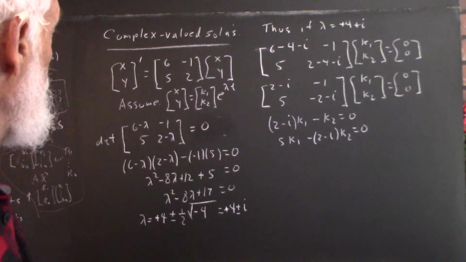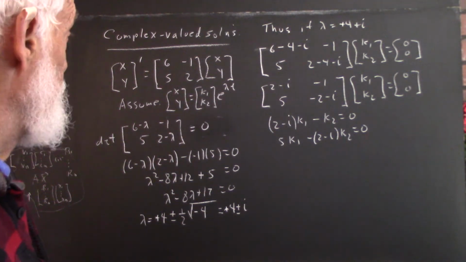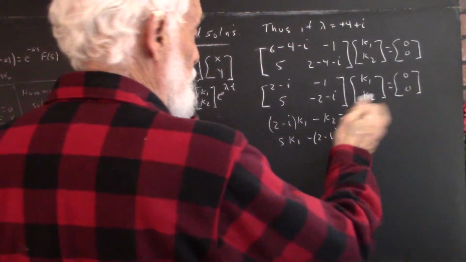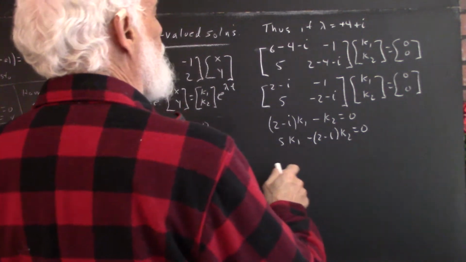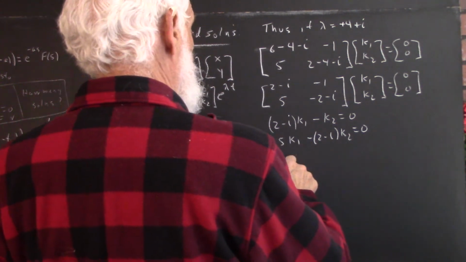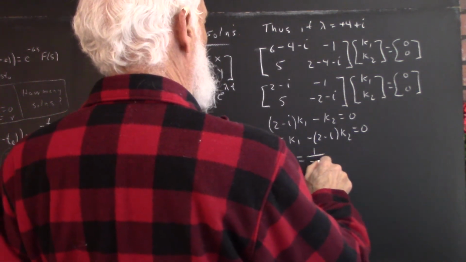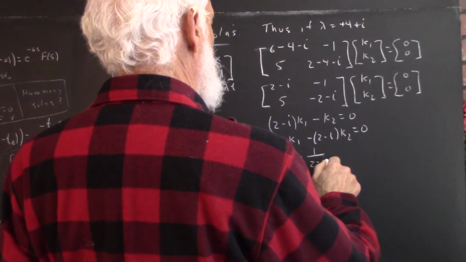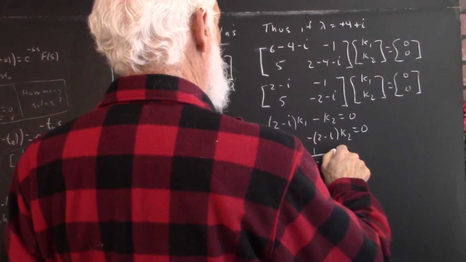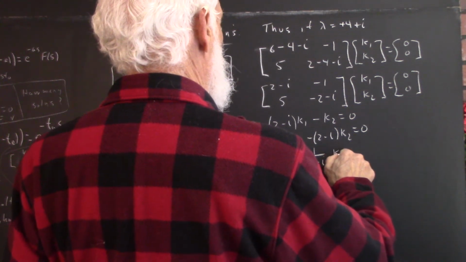I don't like that 5 there, but we'll see how it works out. It's a complex number, it's a little hard to see. Okay, so what we get is K2 equals 1 over 2 minus i times K1.